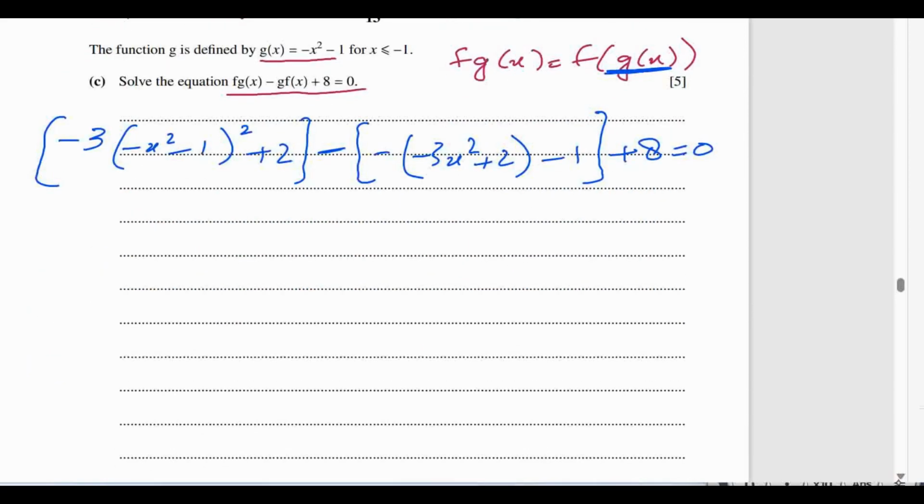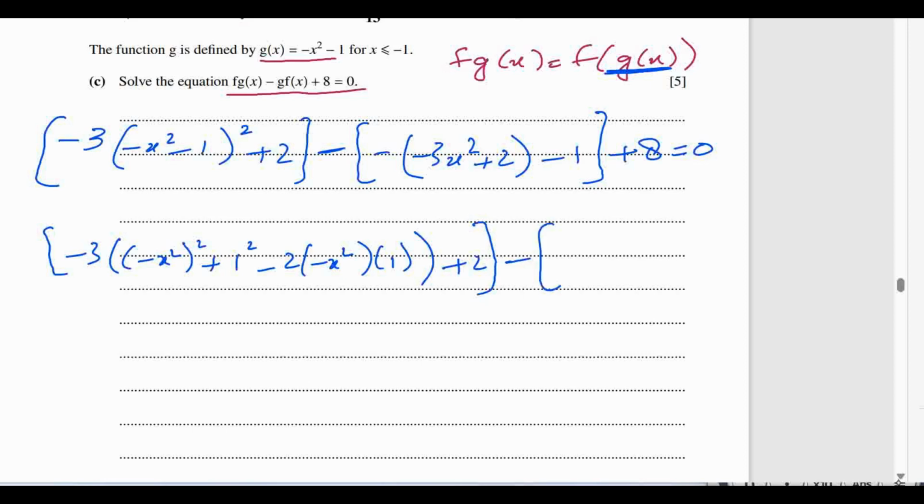Now from here we can see -3 into, now here this will be a square plus b square minus 2ab. Okay, minus minus, that is okay, minus this will become 3x square minus 2 minus 1 plus 8 is equal to 0.